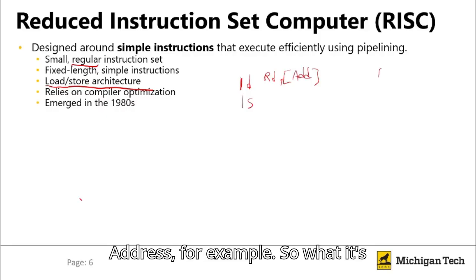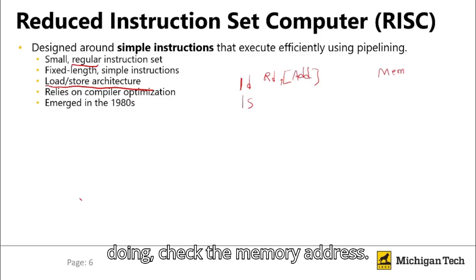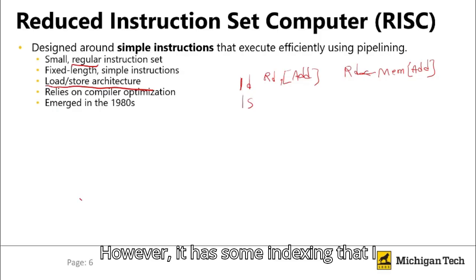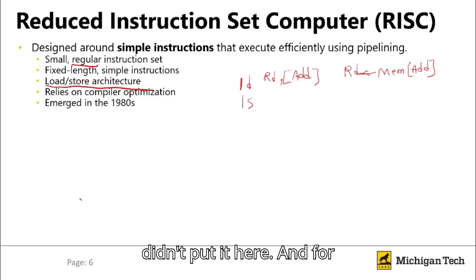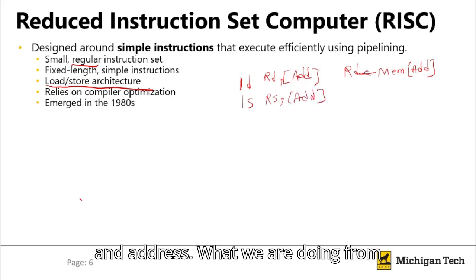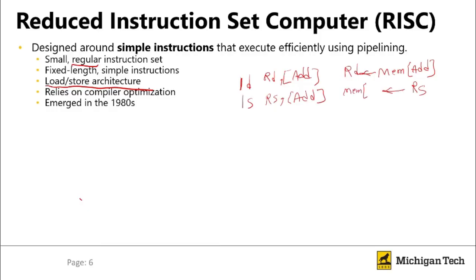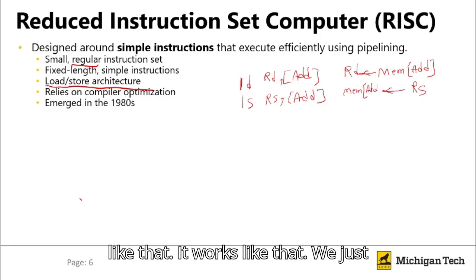So what it is doing is checking the memory address and writing it in RD. However, it has some indexing that I didn't put here. And for store, we have register source and address. What we are doing is taking from register source and putting it in memory. It works like that.